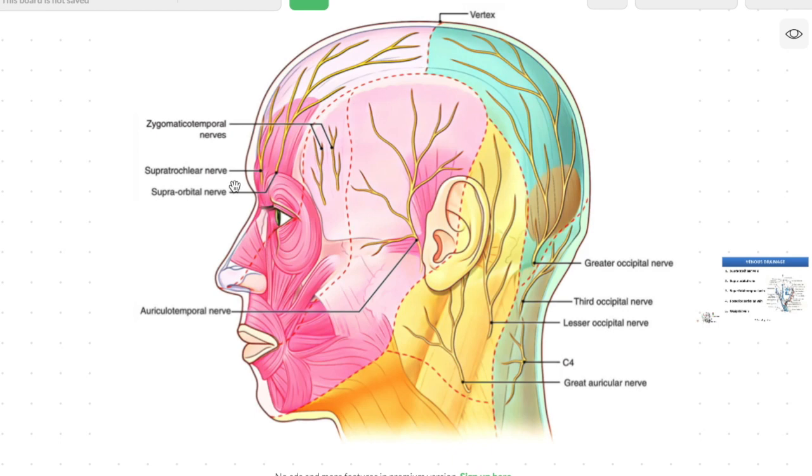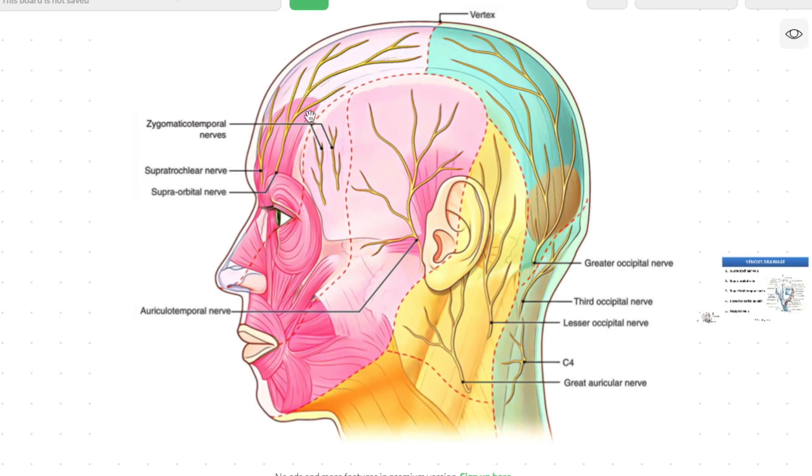Again, the supraorbital nerve, a branch of the ophthalmic nerve, supplies a large portion of the scalp between your anterior lateral forehead and your vertex. You can see the nerve supply going upward towards the vertex.